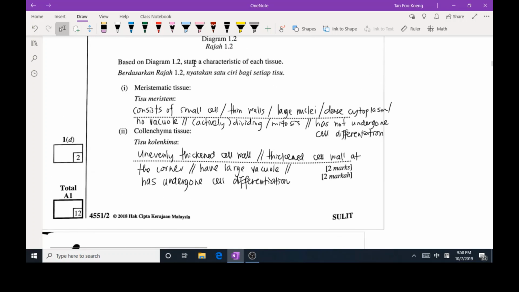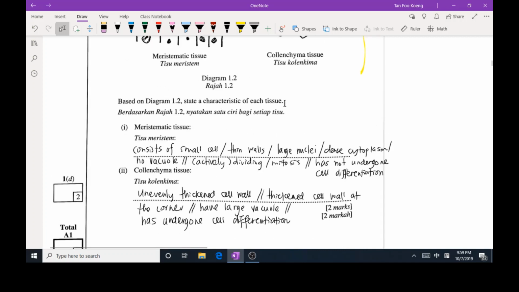So the characteristic is that it has unevenly thickened cell wall, or we say that the thickened cell wall is at the corner. The cells have a large vacuole, and the cells have undergone cell differentiation. Either one, you just got to choose one to write.